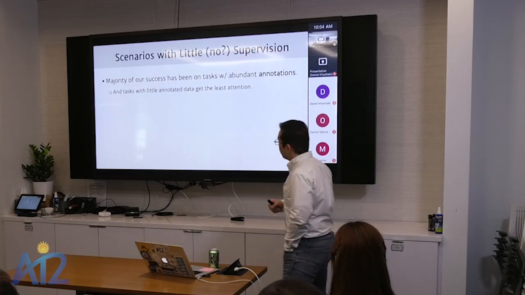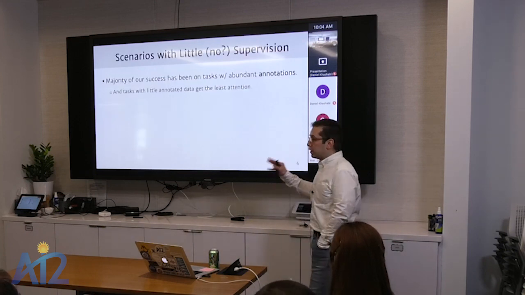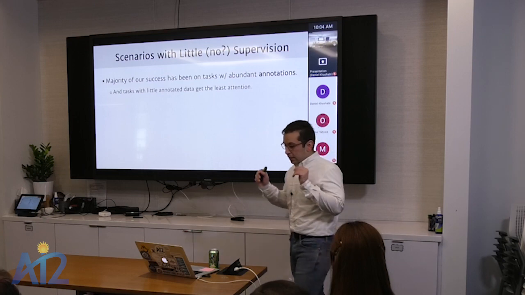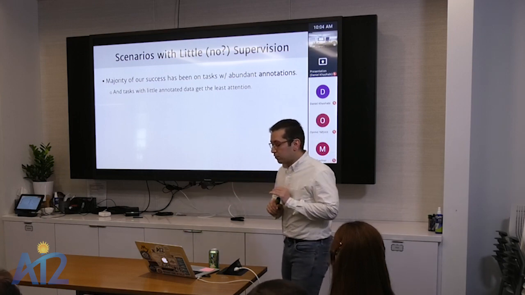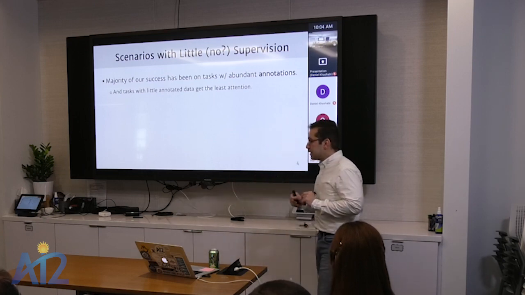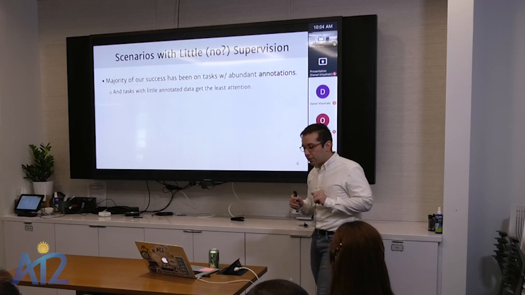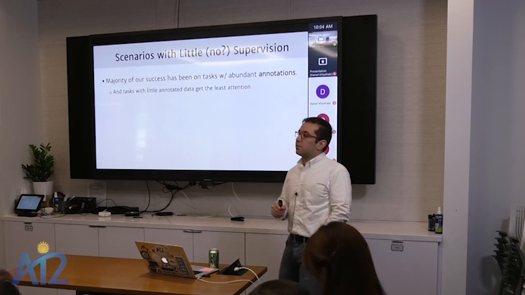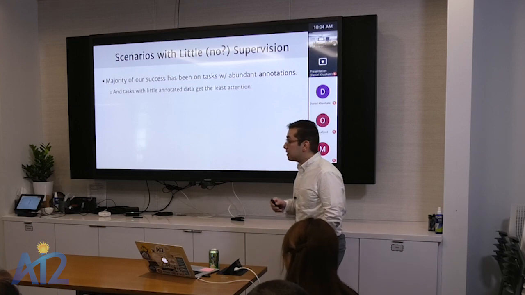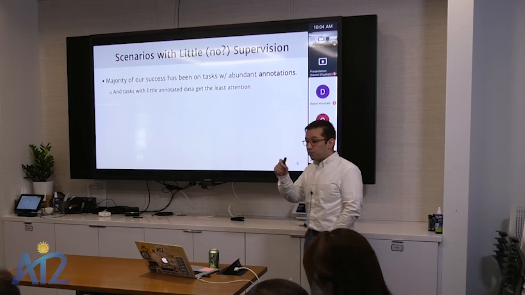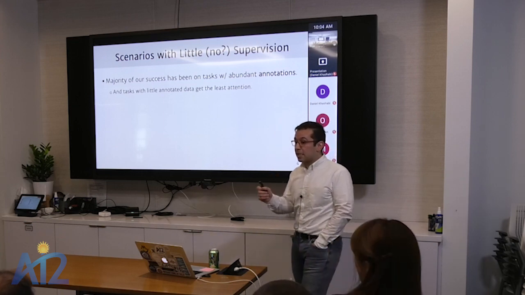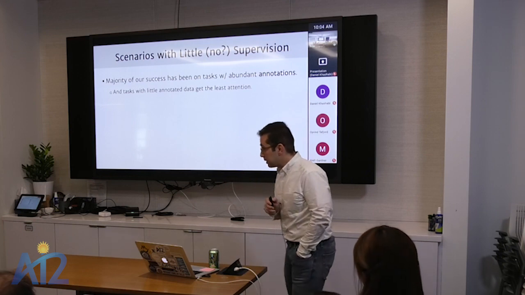And more broadly, what I'm going to focus on in this talk is driven by the observation that the majority of the success that we have had recently in the field has been on problems with abundant data. And there is little progress on tasks, on domains, when we don't have a lot of annotated data, right?